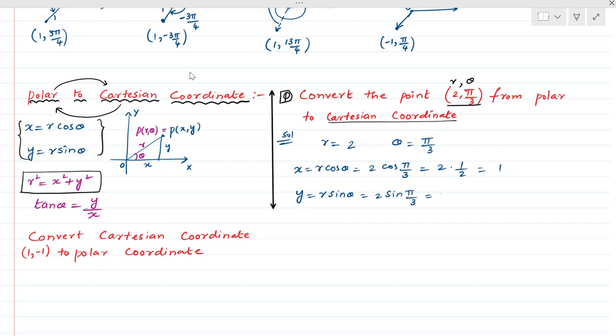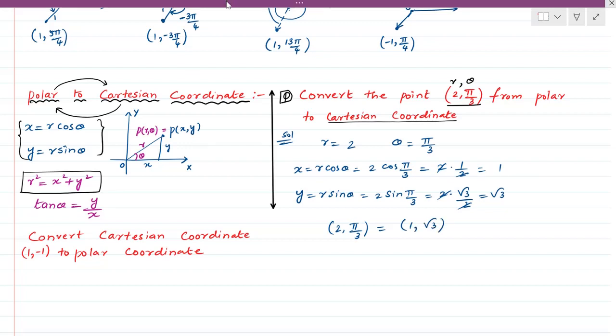Sine pi over 3 is root 3 over 2. The 2 with the 2 cancel, so y is equal to root 3. Therefore this polar coordinate 2 comma pi over 3 is converted into the Cartesian form 1 comma root 3.